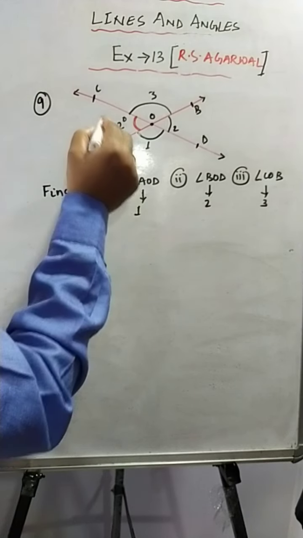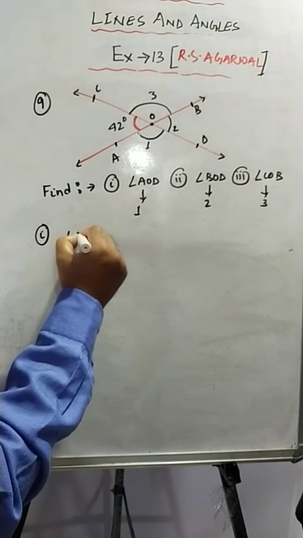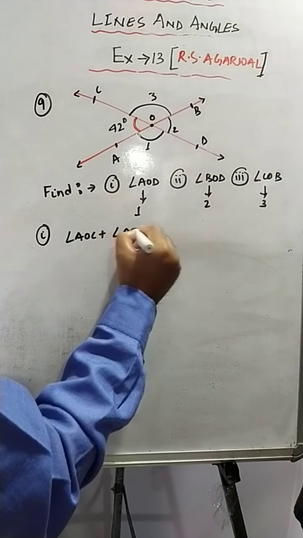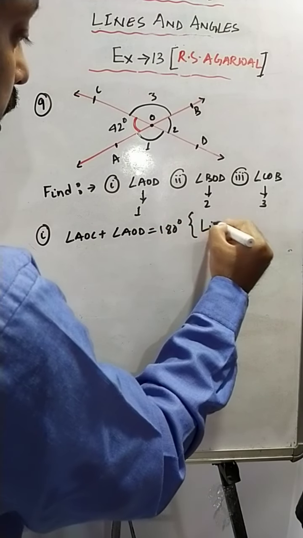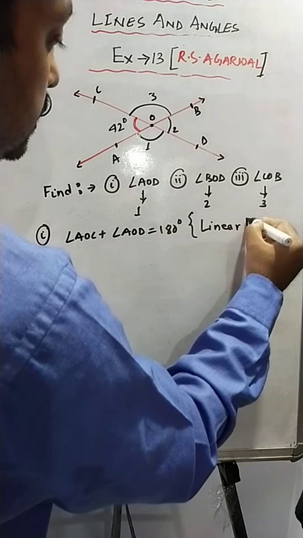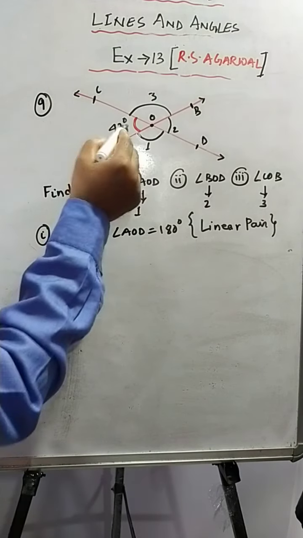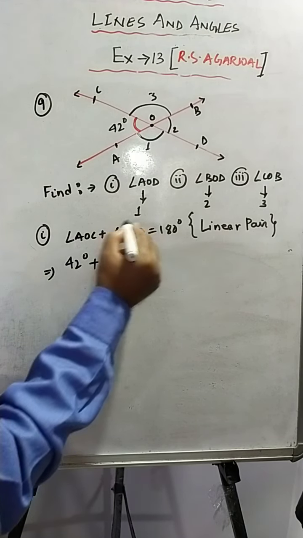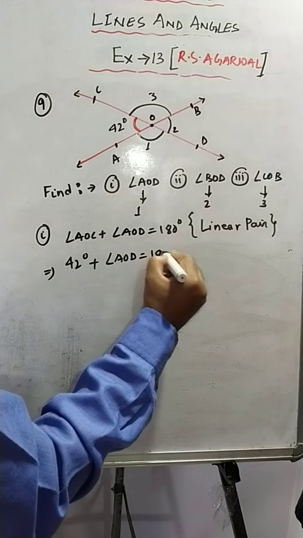Angle AOC, this is number 1 we are doing. Angle AOC plus angle AOD will measure 180 degree. Why? Because it is a linear pair. It is a linear pair. So the value of angle AOC is already given in the question, so it would be 42. We have to find out the value of angle AOD, equals to 180 degree.